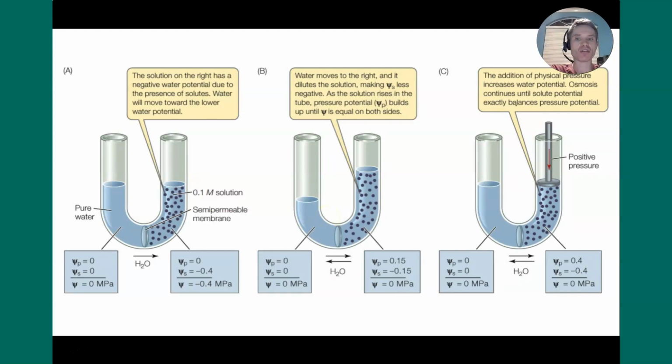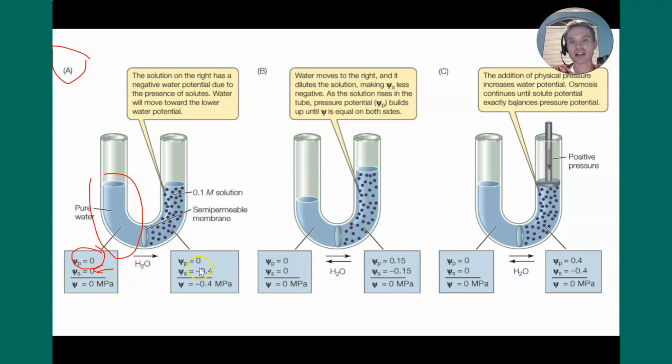Some examples of how this works: we have 3 U-tubes. On the left-hand side, example A, we have a fresh water tube. Therefore, the solute potential is 0. And this is an open tube, so the pressure potential is also 0. We add those two together with a result of 0 for water potential.